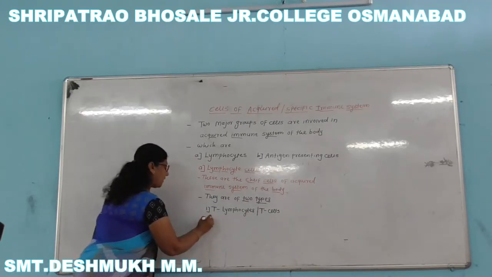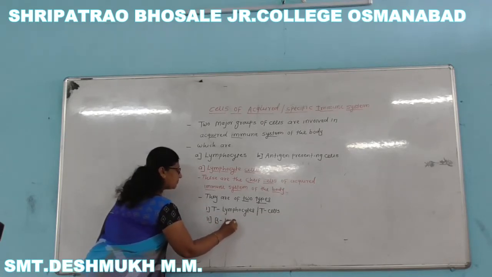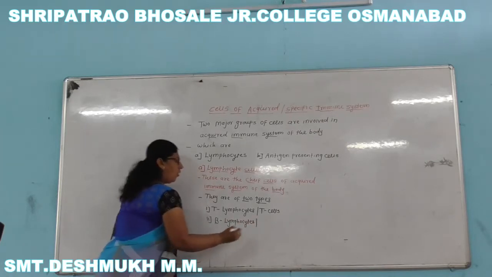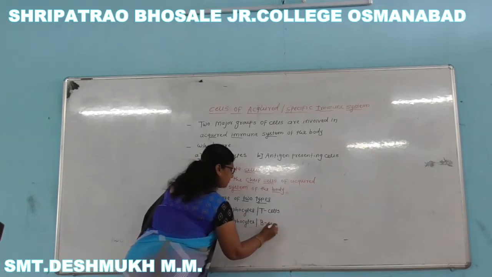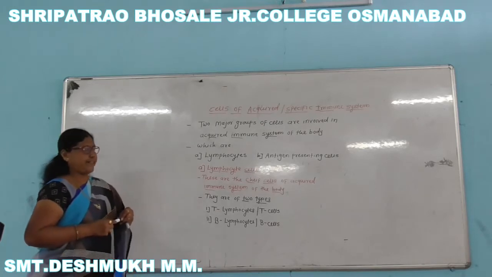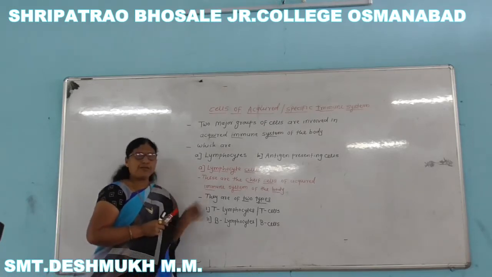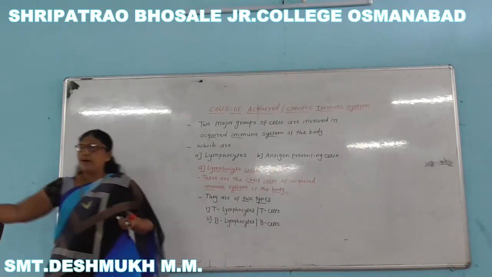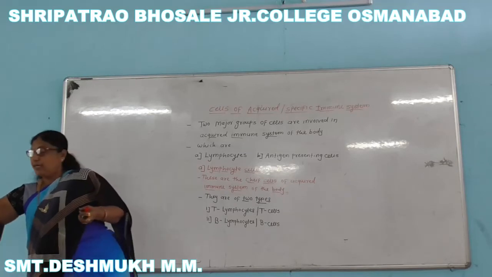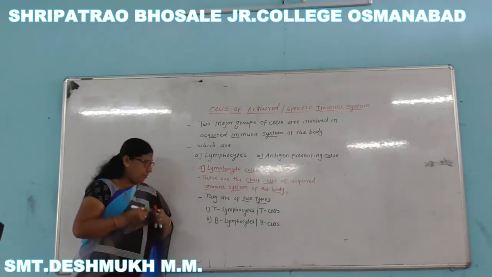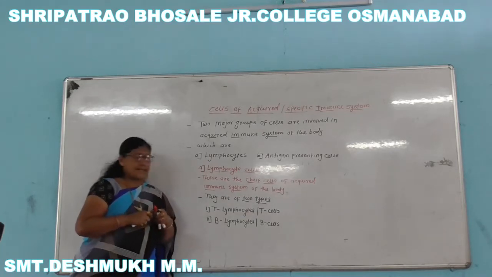Then the second type is the B lymphocytes or B cells. Lymphocyte cells are the chief cells of the acquired immune system of the body. They are of two types: T lymphocytes or T cells, and B lymphocytes or B cells.